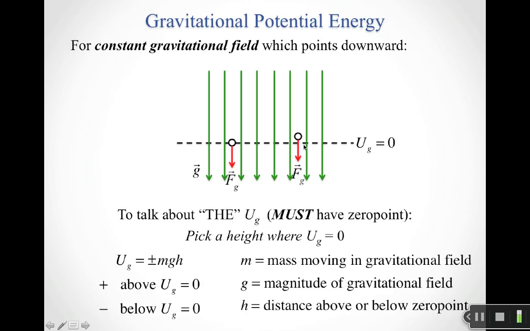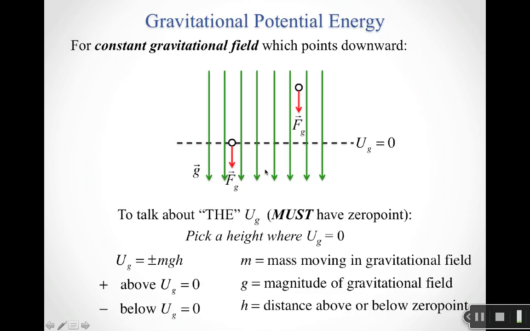This mass, on the other hand, starts with 0, and if I let it move up, it has a final potential energy that's positive, so its change in potential energy is going to be a positive value minus 0.